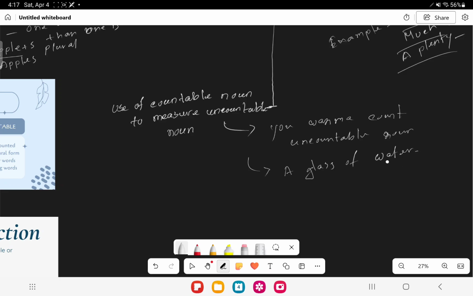So now you can count the water, right? Using a measurable word, a glass is defining how much water there is, and this water is uncountable.